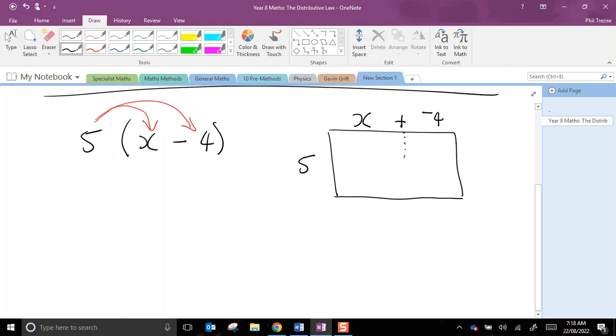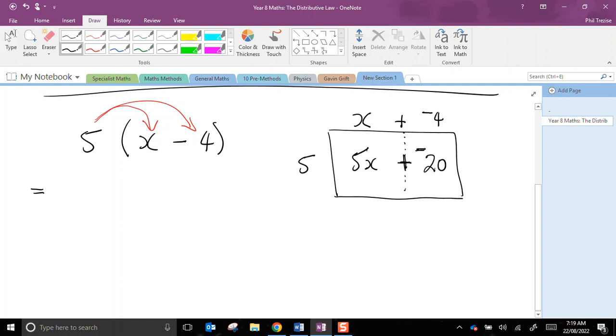Now I'll put my divider line down between them. 5 multiplied by x is 5x. 5 multiplied by the number negative 4. Well, 5 times 4 is 20, and a positive number by a negative number makes a negative answer. And then that little plus sign drops down in between on the dividing line.